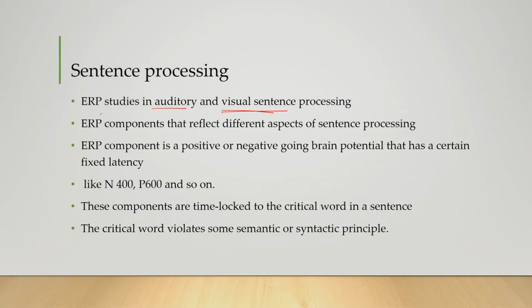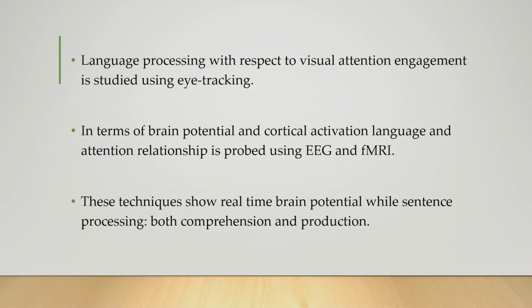And then ERP components are basically the result that we see that reflects the different aspects of processing. So, what is an ERP component? ERP is the result, the output of the EEG as a machine. So, I think let us see this first.